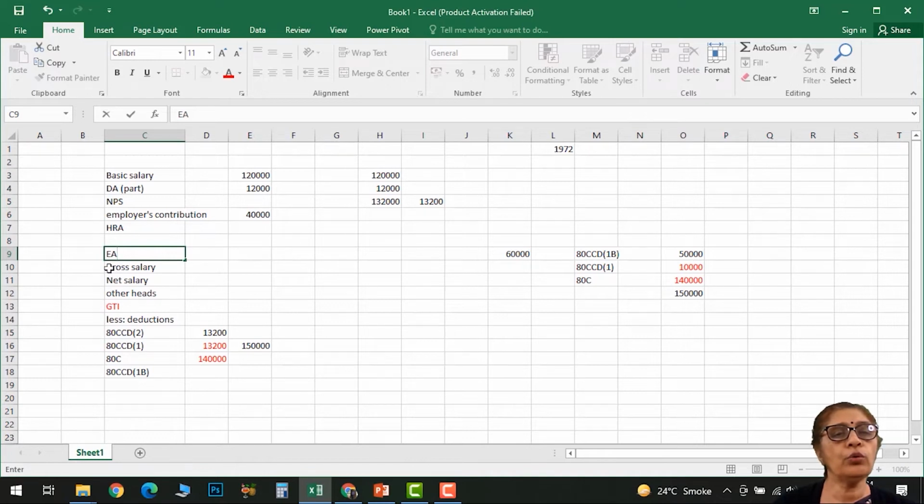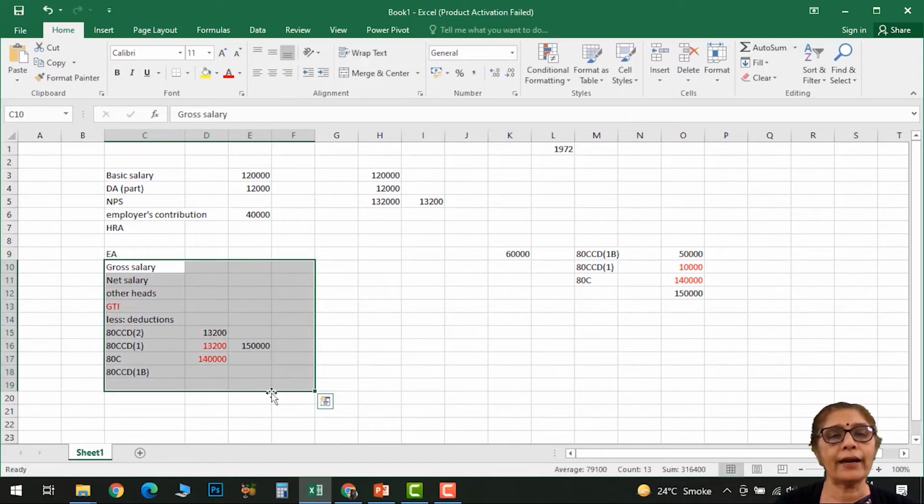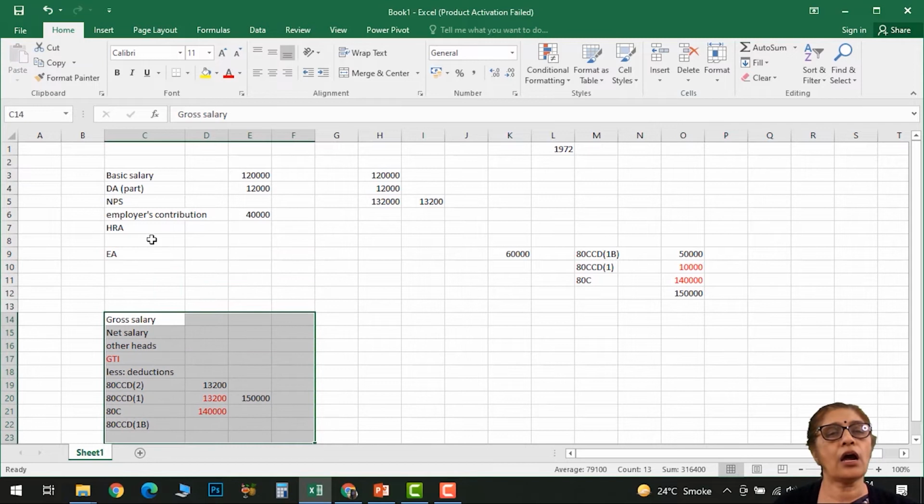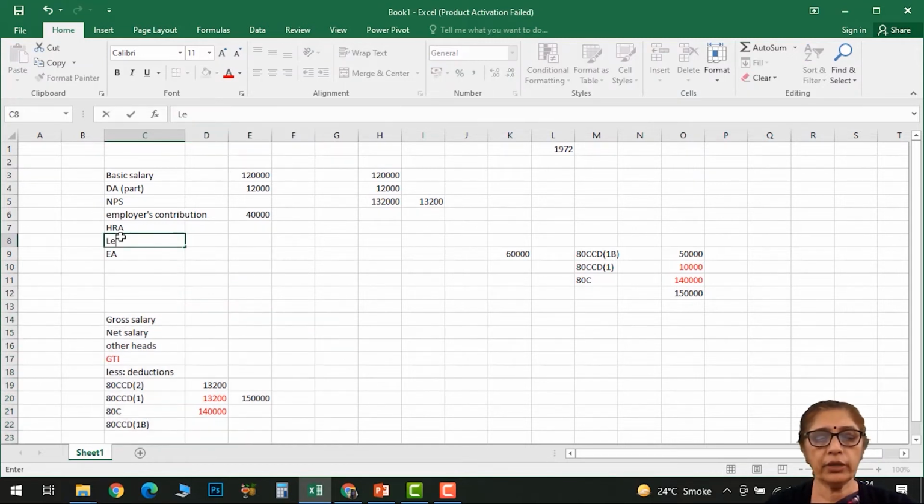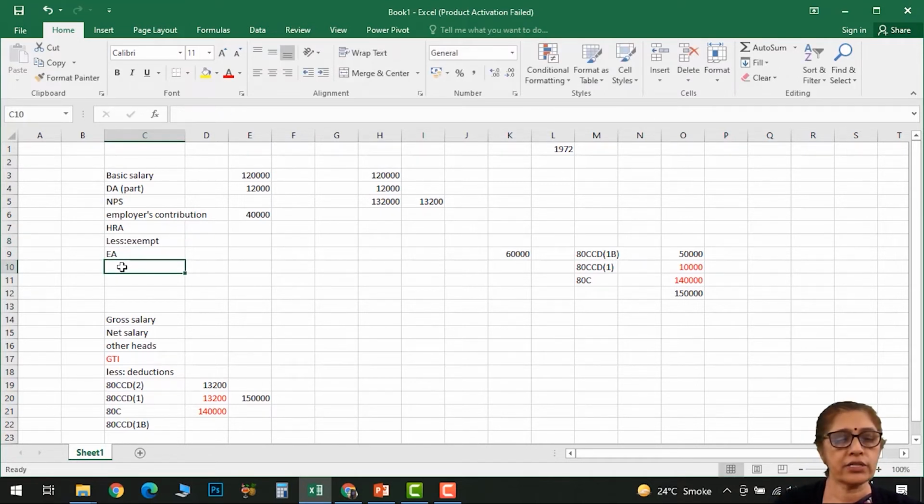Keep on adding as it appears in the question, but there will be an exemption on certain allowances. Certain allowances, no exemption. And certain allowances are subject to exemption. Like HRA, we have exemption. Like entertainment, education allowance, we have an exemption.